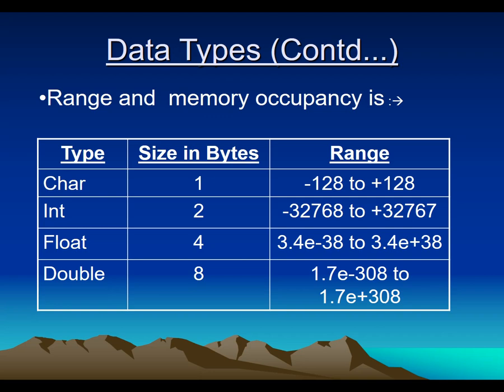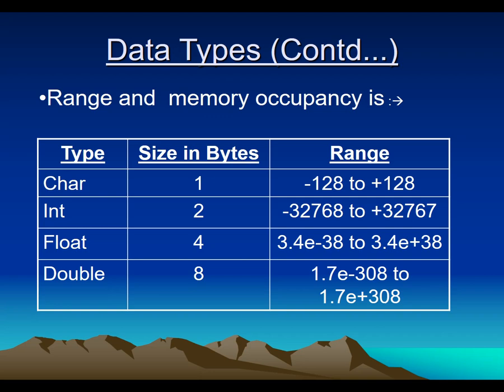Say for example, suppose I am using character, then it occupies 1 byte which ranges from minus 128 to plus 128. Then we have integer, which has the byte size 2, which varies from minus 32,768 to plus 32,767.